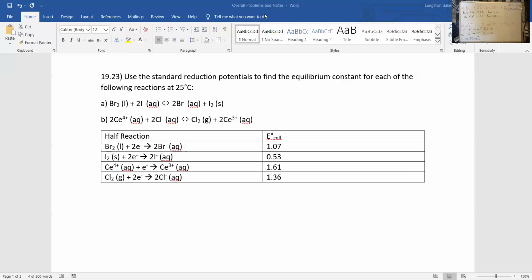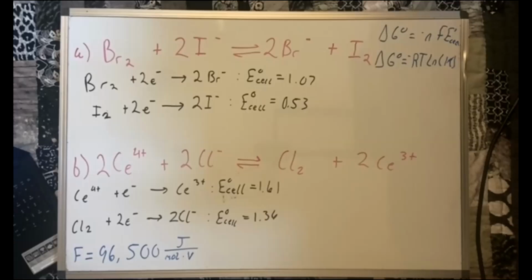So I wrote all that down. I'm gonna stop sharing this. I wrote all that down up here, basically all the stuff, even the equations up in the top corner. Let me make sure on my Faraday's.